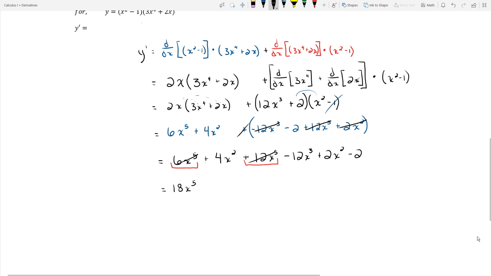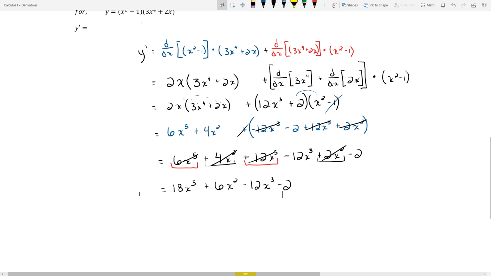Next, we can combine positive 4x to the second and 2x to the second, which is 6x squared. And then we have minus 12x to the third minus 2. All right, so we got through it.